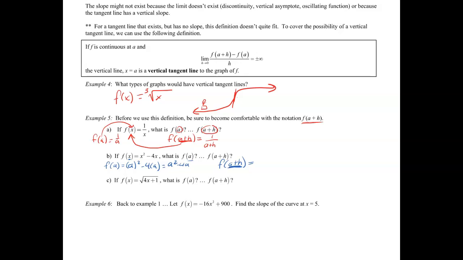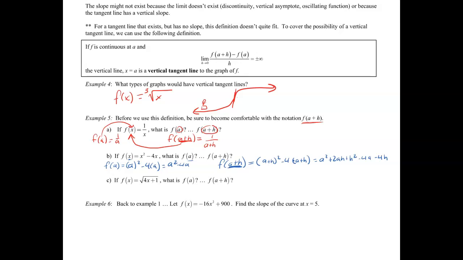So anywhere that I see an x, I have to replace it with the entire quantity of a plus h, no matter where it's at in the equation. So I get a plus h quantity squared minus 4 times a plus h. It should be a squared plus 2ah plus h squared minus 4a minus 4h.